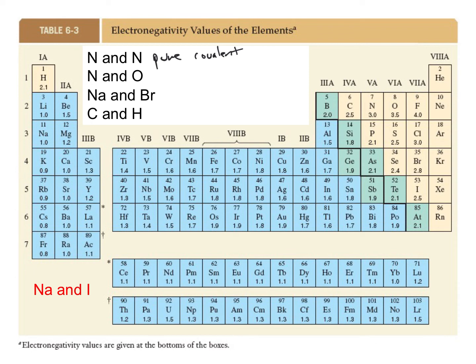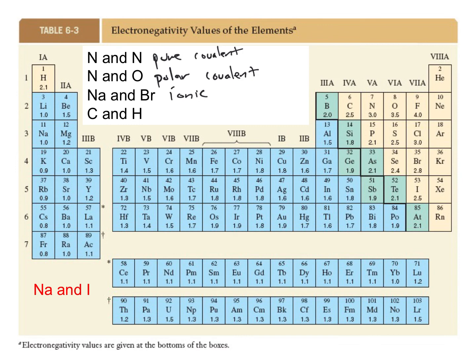So 0.5 is bigger than 0.4, so we would classify a bond between nitrogen and oxygen as polar covalent. When we look at sodium and bromine, we have sodium here with an electronegativity of 1.0, bromine is here with a 2.8, so that difference is 1.8. So we would classify that as being ionic.